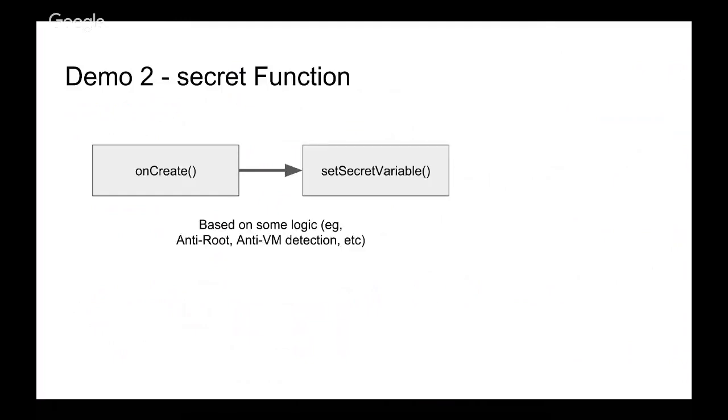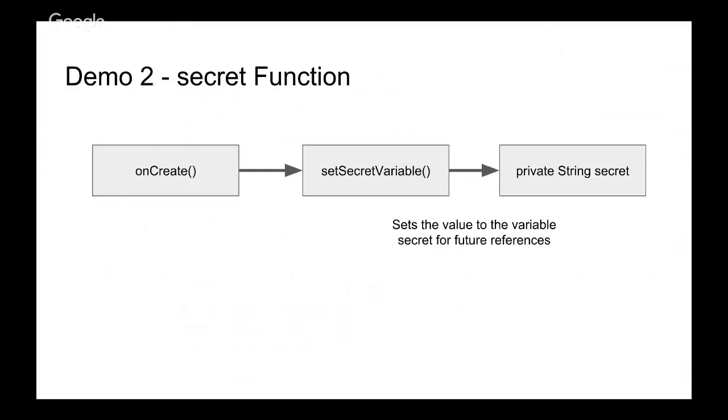For example, based on some logic, such as anti-root or anti-VM detection, it calls this function and then sets the value to the variable secret for future references. This can also be, for example, dynamically generated passwords or private keys. After they meet some condition, they are going to be set to some variable.